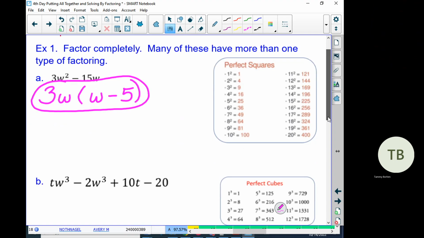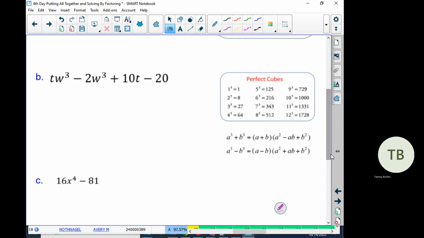Now this one, notice, has 4 terms, and that's what we did yesterday. With 4 terms, you want to group the first 2 together and the second 2 together. What you look at is what can you take out of that first part.